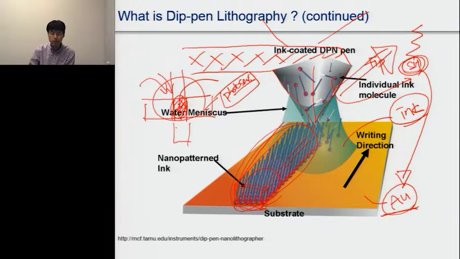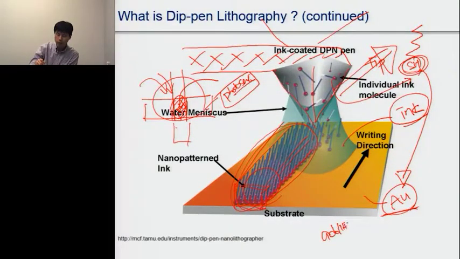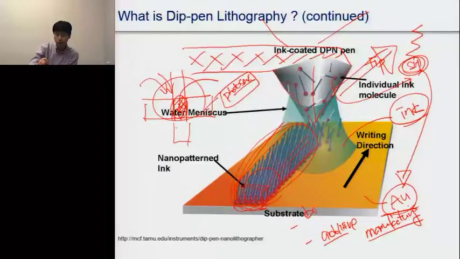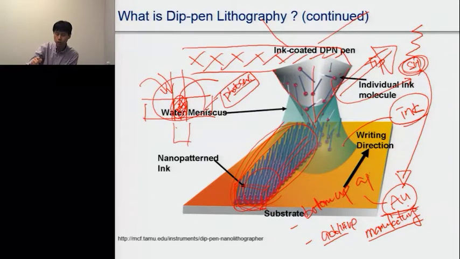So in a sense, some people classify dip pen lithography as additive manufacturing, or as a bottom-up approach.